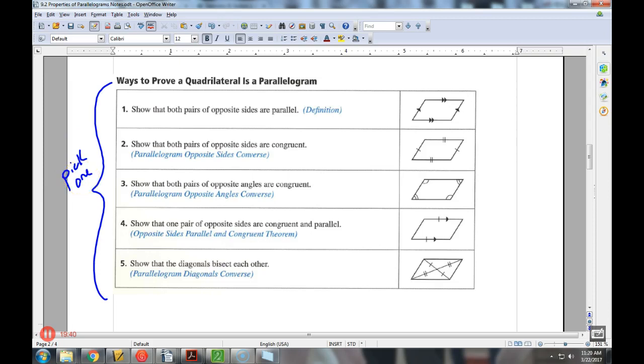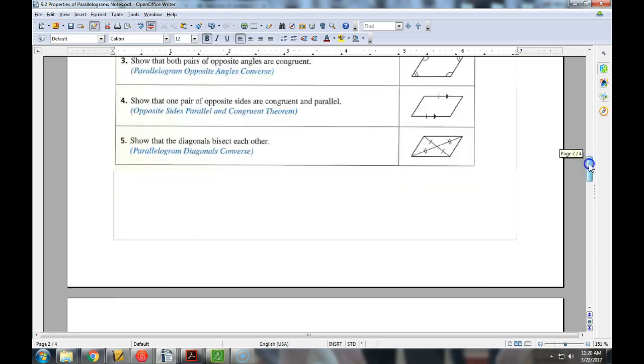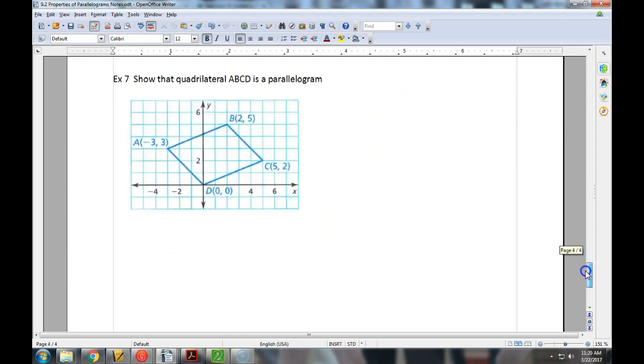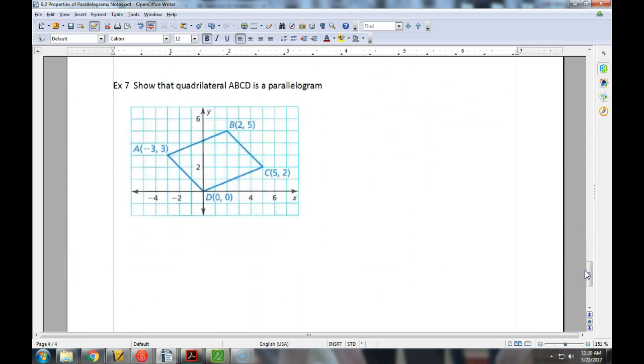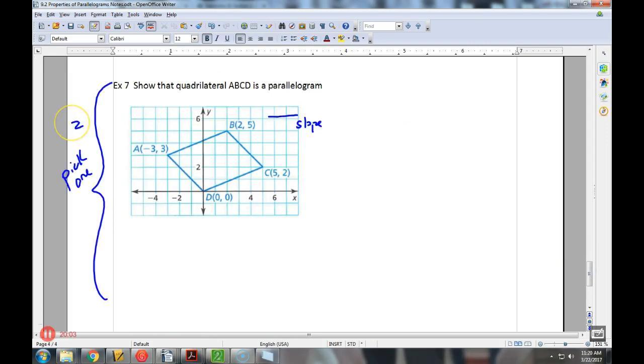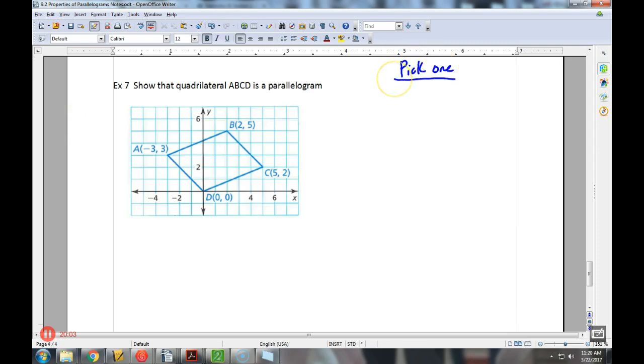So can I show both sides are parallel? Well, if I want to do that, I'm going to have to use slope. Maybe I'll put this down here on the chart. So this is kind of an open-ended question that you could go however you wanted to. So I'm going to write this over here. Okay, so just pick one of these.